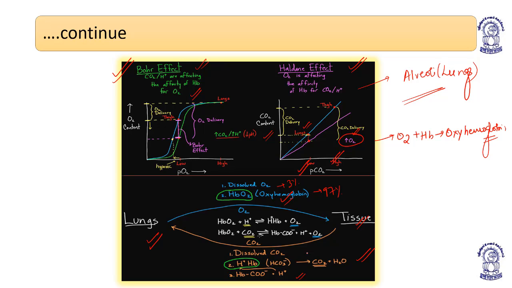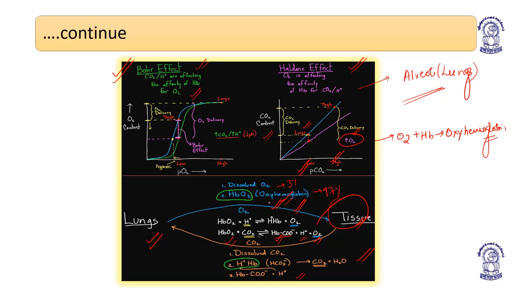So the CO2 transport we have to start today. You can see the HbO2 combines with H plus to form reduced hemoglobin and releases oxygen gas. This oxygen gas is taken up by the tissues. And the HbO2 combines with CO2 to form hemoglobinic acid, plus H plus plus O2.